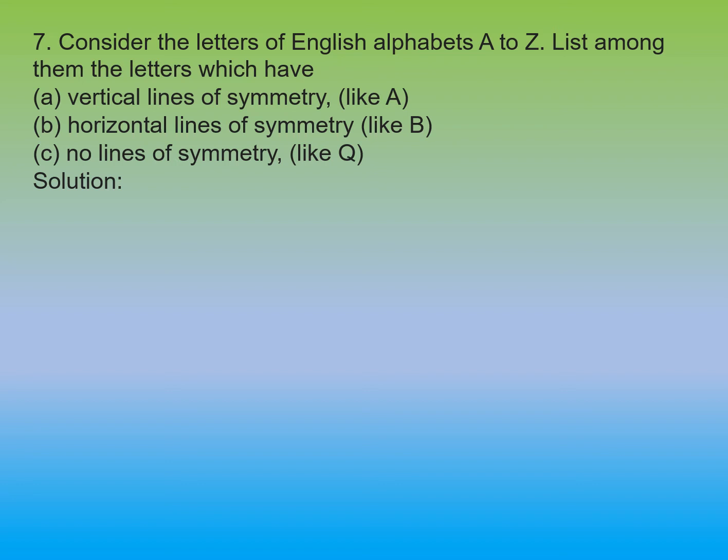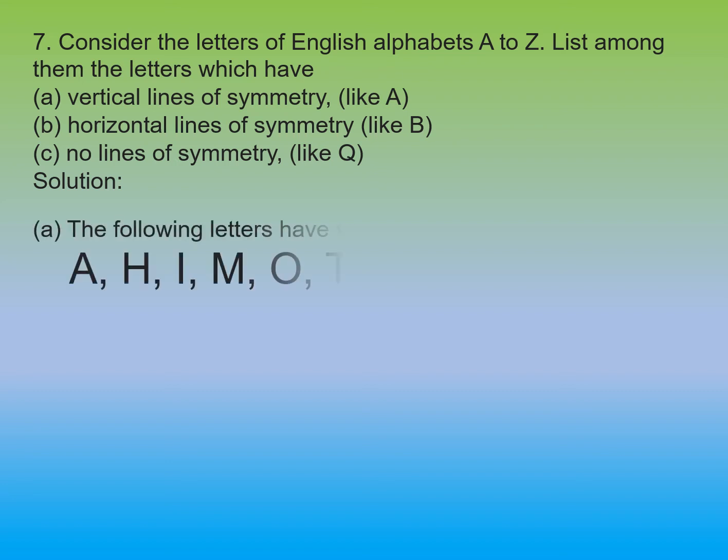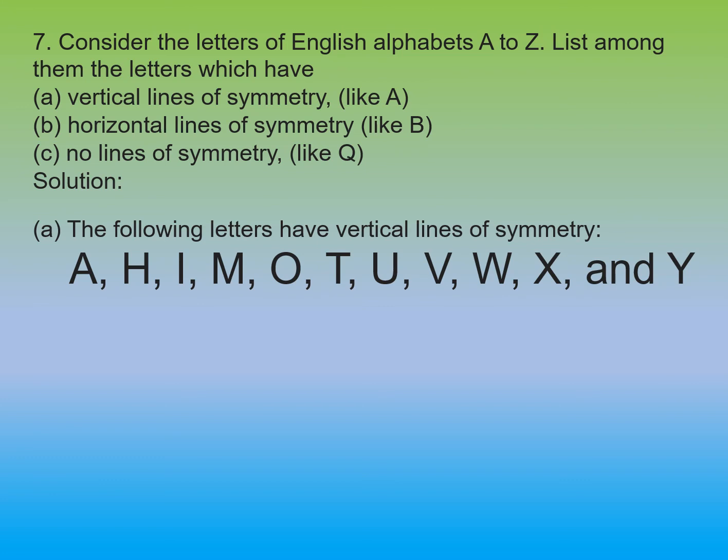Consider the letters of English alphabets A to Z. List among them the letters which have vertical lines of symmetry, horizontal lines of symmetry, no lines of symmetry. First let us write the letters which have vertical lines of symmetry. These letters: A, H, I, M, O, T, U, V, W, X and Y. All these letters have vertical lines of symmetry.